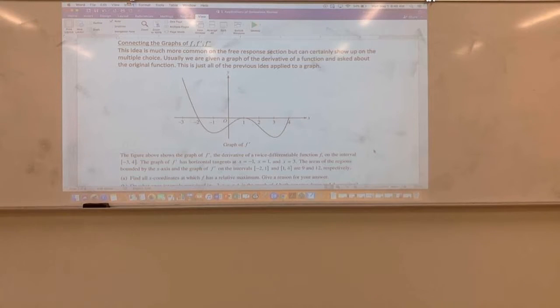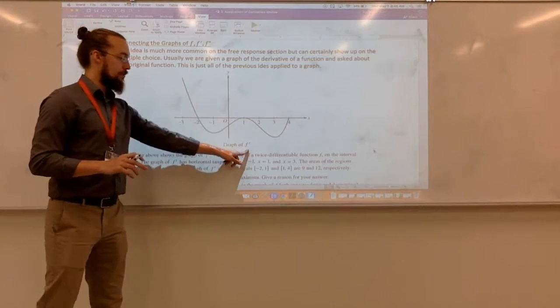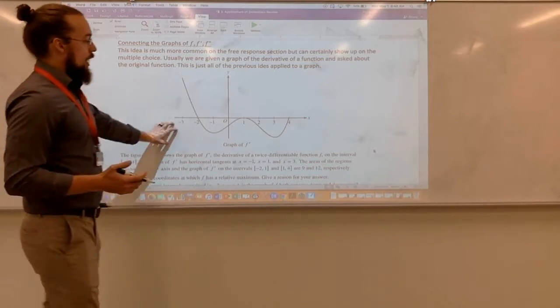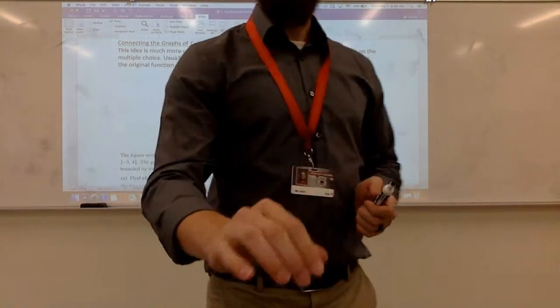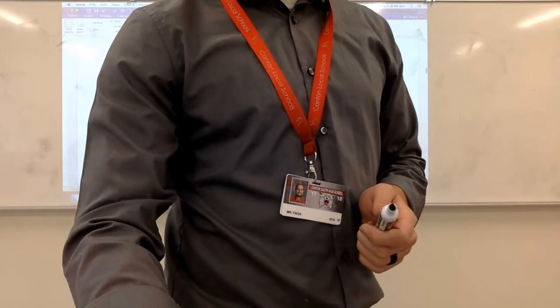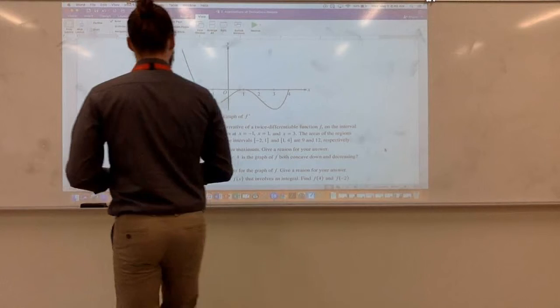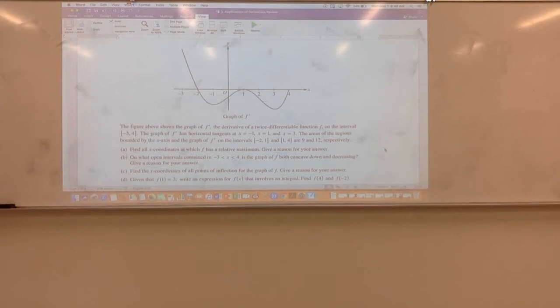Every once in a while, they'll throw one on there where they give you the graph of the second derivative. So you do have to pay attention. But the majority of the time, you're given the first derivative. We'll look at more of these next week when we talk about free response, but I thought it was important enough to look at one today as well.